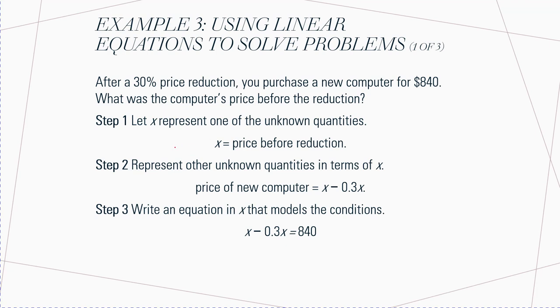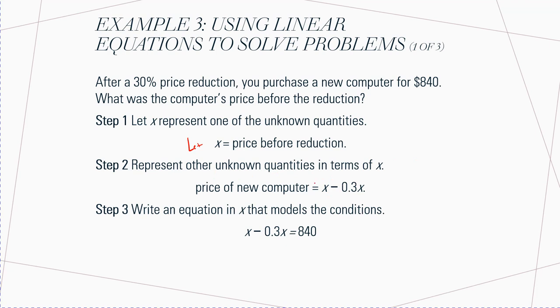So we're going to let X be equal to the price before the reduction. Then how much was the price after the reduction? What you're going to notice here seems weird. So X minus 0.30X.